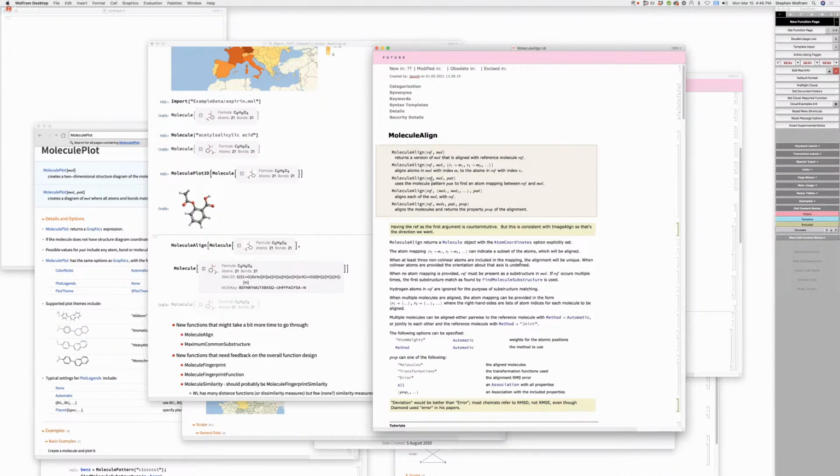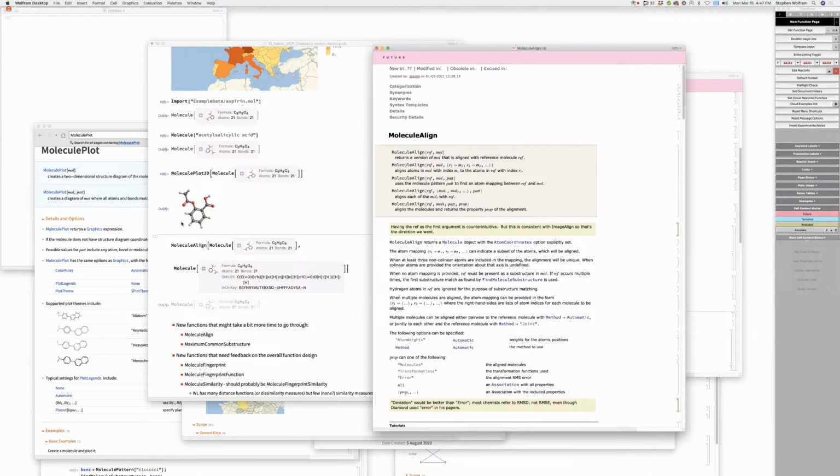If I give you a reference molecule, say aspirin, and then a pure disembodied six-member ring, just six carbons, and I say molecule align, what I would like to get back is a version of my six carbon atoms with coordinates where the burnt-in coordinates align with this ring here.